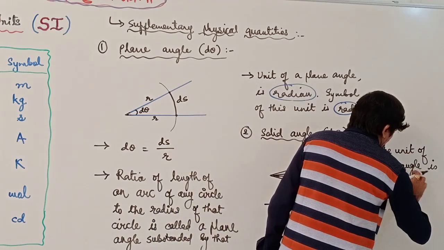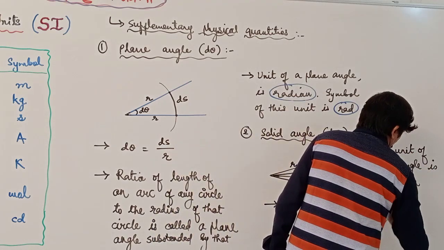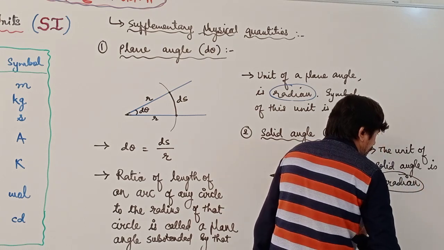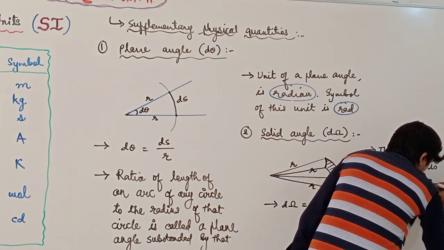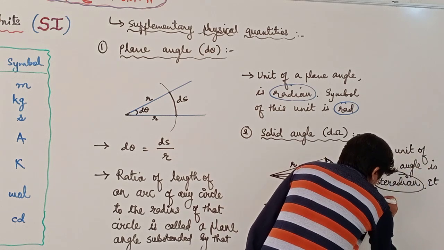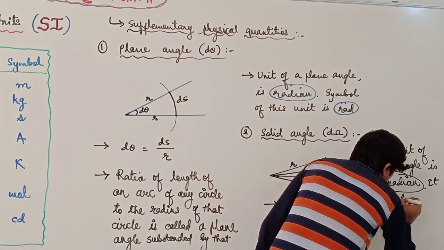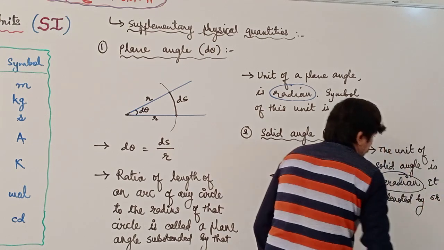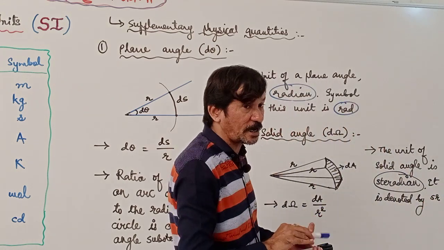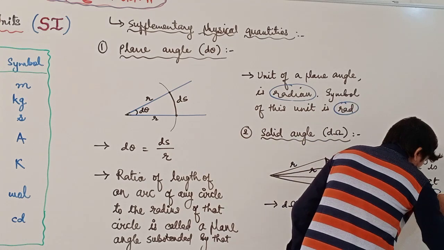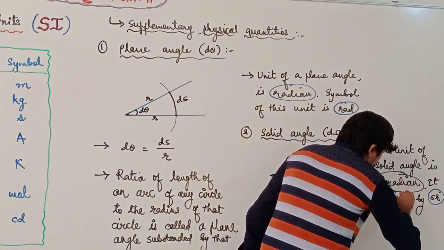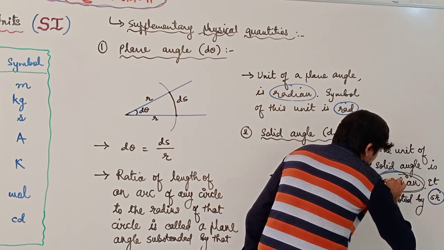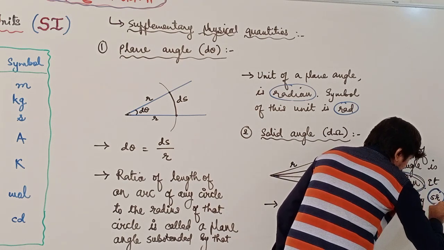Unit of solid angle is steradian. And steradian in symbol is denoted by sr. Spoken as steradian, written as sr.